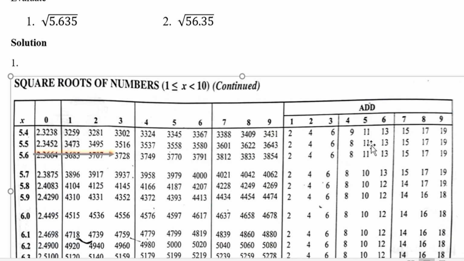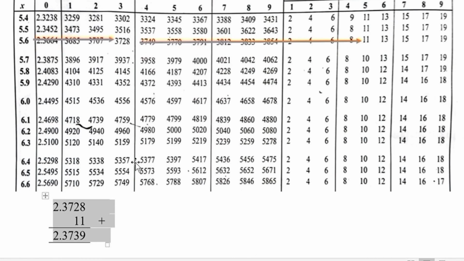Then this 5 is looked for here. Whatever value we read, we add. Now you will notice that the number corresponding to column 5 is 11. So we shall add it to this, and what we get is 2.3728 plus 11. We write this 11 to the extreme right because it is actually a decimal value.